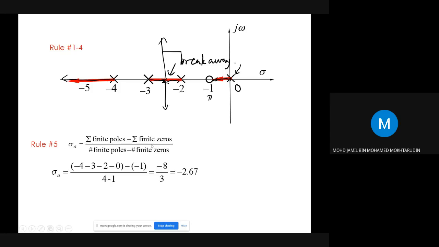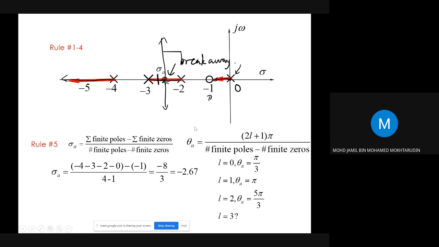So we use rule number 5. Rule number 5 is basically to find the asymptote. Finite poles minus finite zeros divided by number of poles minus number of zeros. So the asymptote is at minus 2.6, somewhere here. And then the angle, you get pi over 3, pi, and 5 pi over 3.